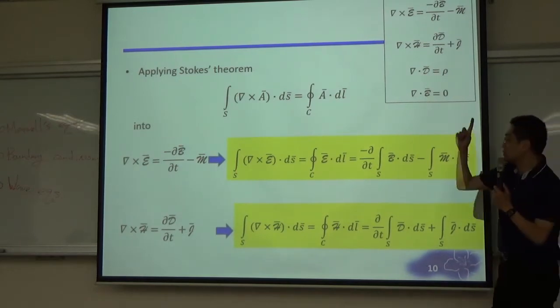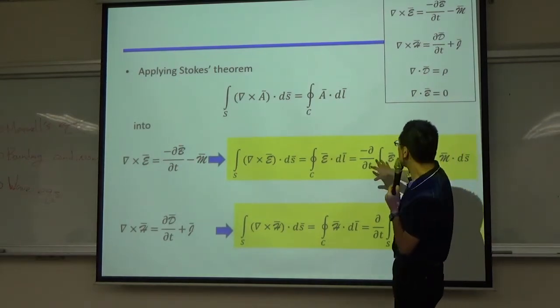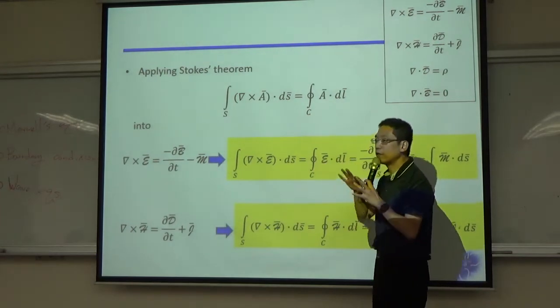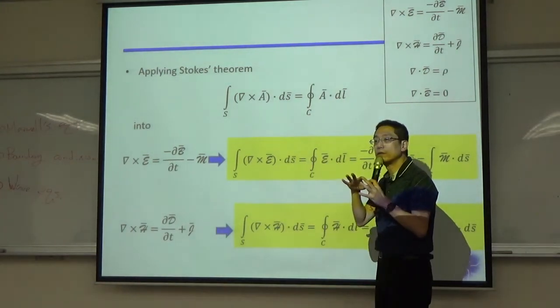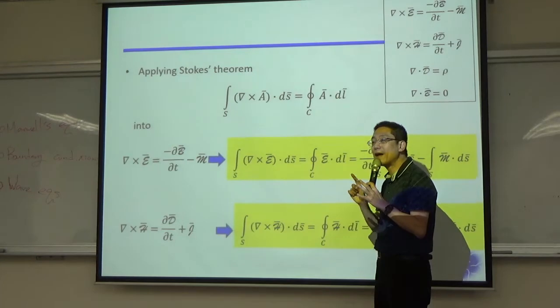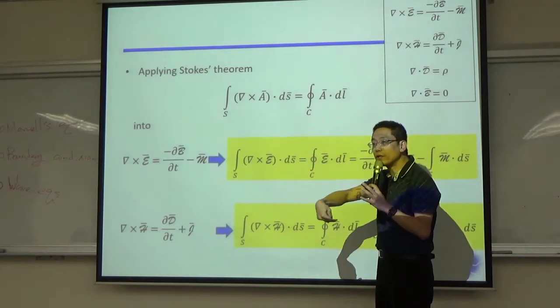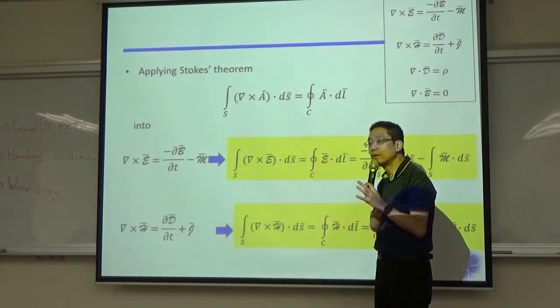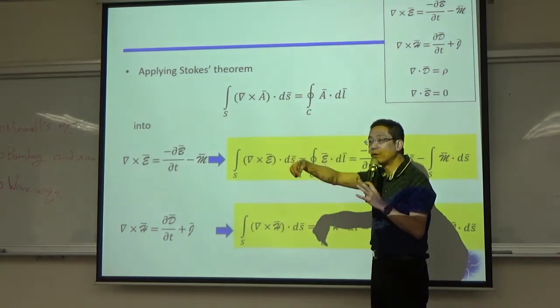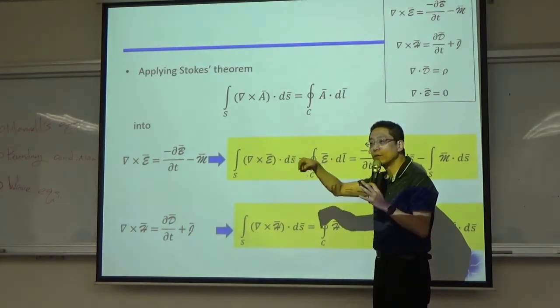So, for the first equation, you will see if you have the electric field, you take a line integral. If the line becomes a closed loop, you take an integration.